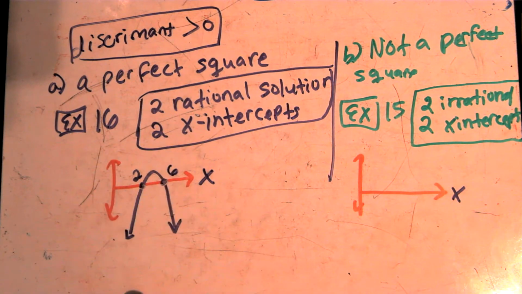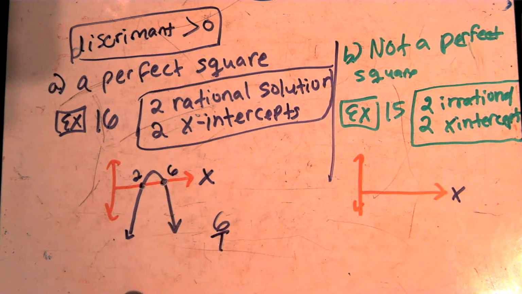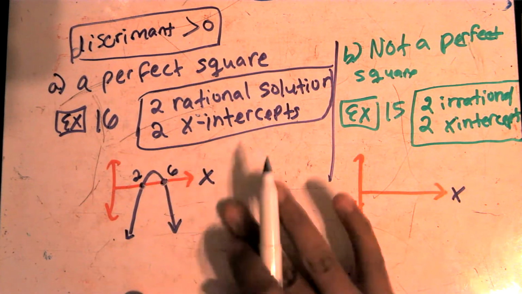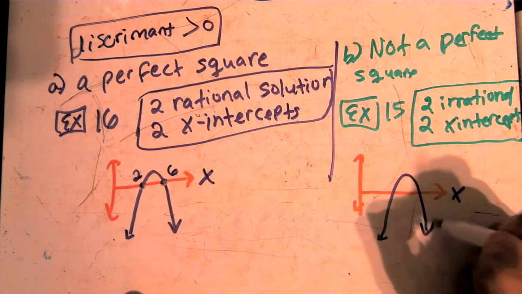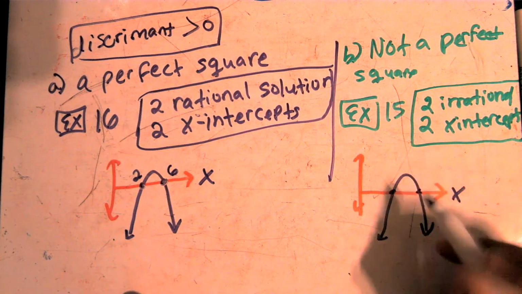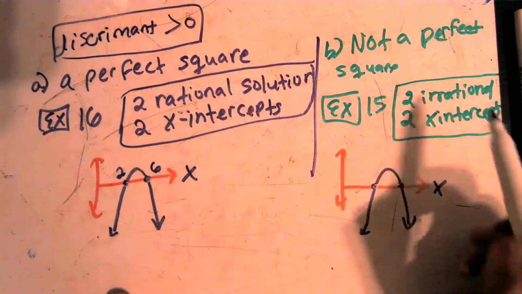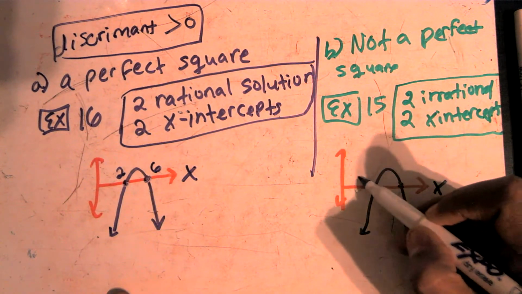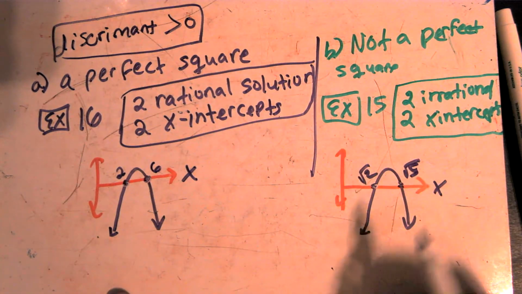Rational numbers are any numbers that can be represented as a fraction, like 1/3, 2/5, or whole numbers, because whole numbers can be represented as fractions of 2 integers. Notice there's 2 x-intercepts. And in here, similarly, there will be 2 x-intercepts, but your solutions cannot be represented by rational numbers. They can only be represented by irrational numbers, like radical 2 and radical 5, for example.